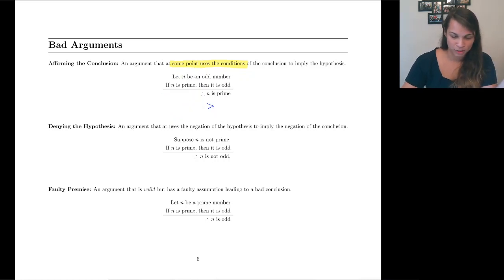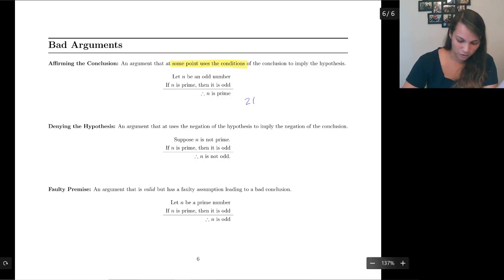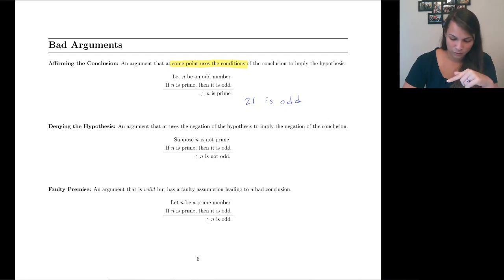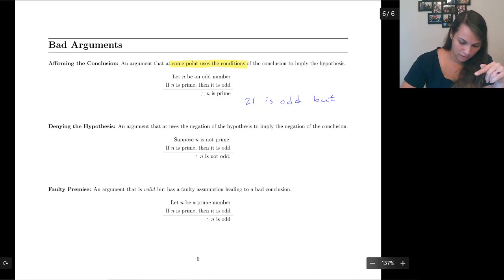For example, just to make sure that you understand, 21 is an odd number, but 21 is not prime.